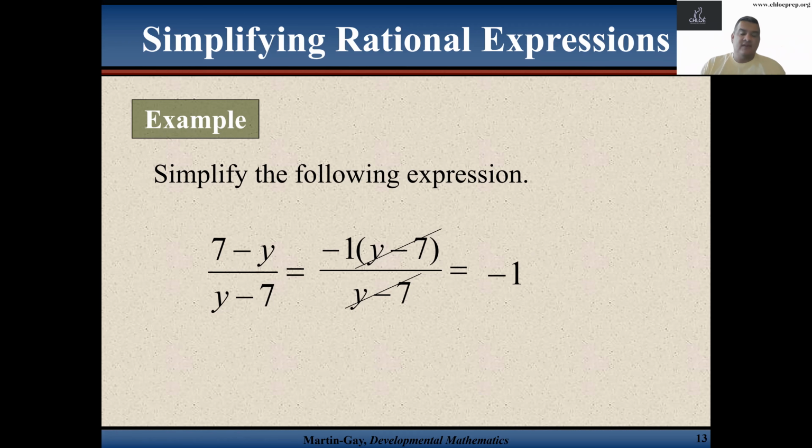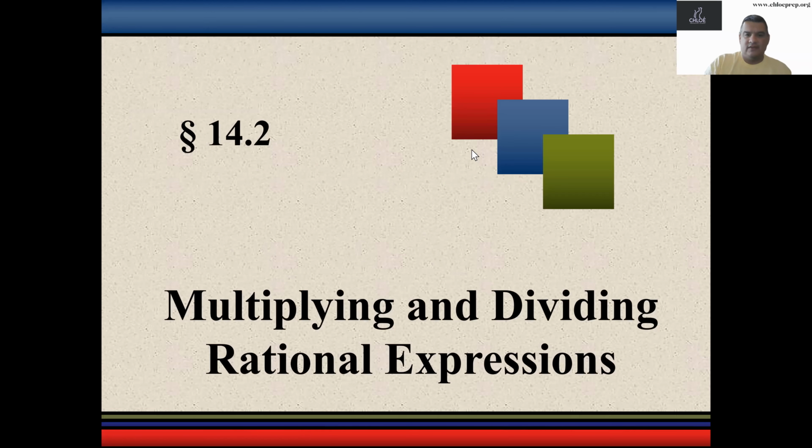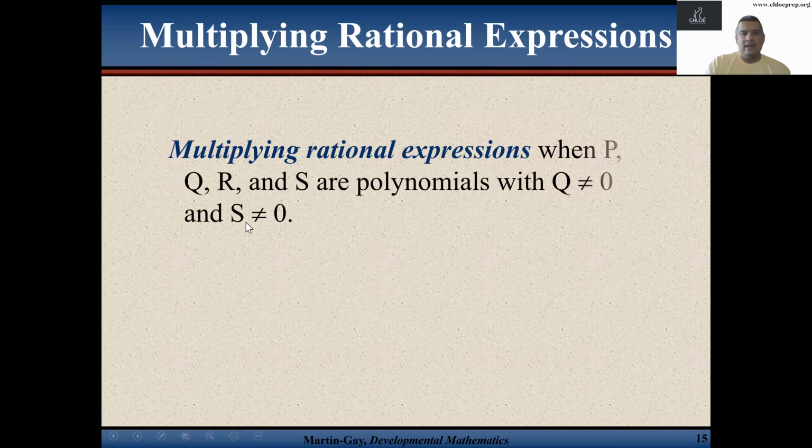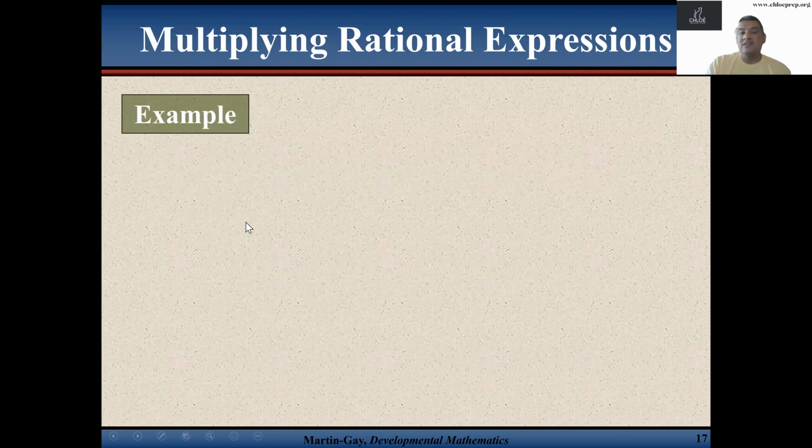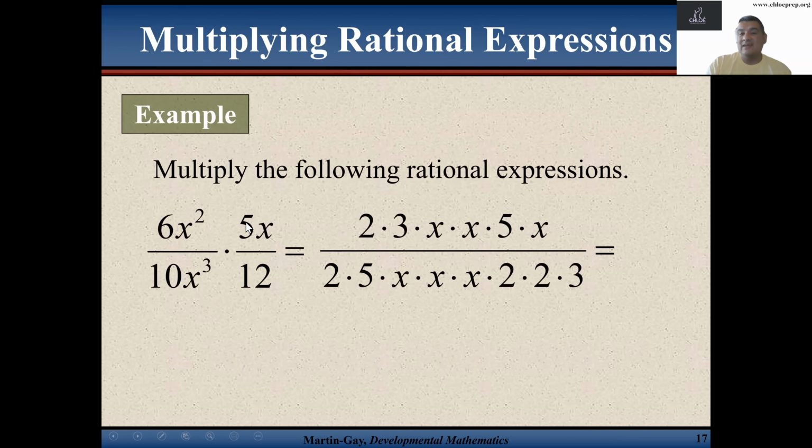Sometimes we're in a spot where things don't work out easily, but if I multiply by 1, it's okay. Remember, anything over itself is 1. I can put something over 1 and it's itself.